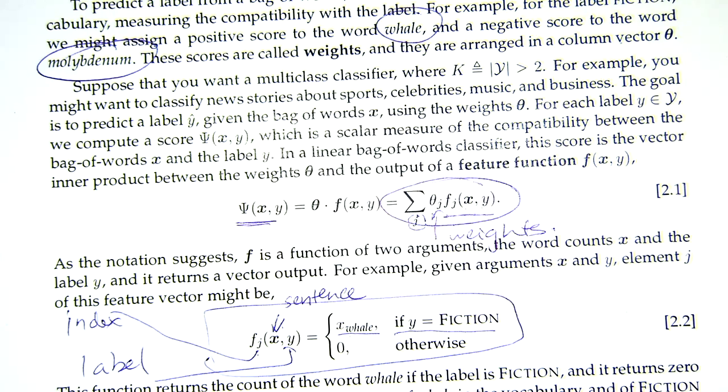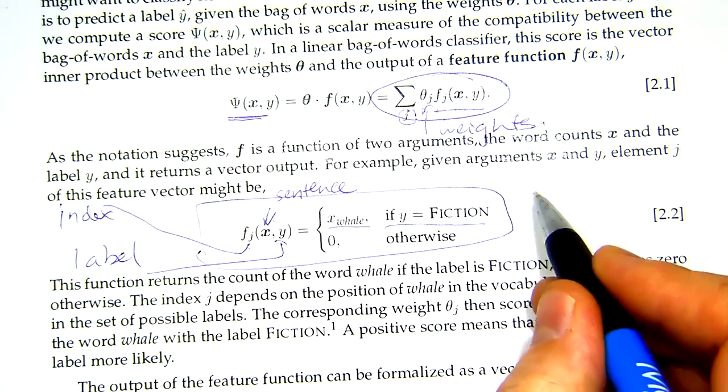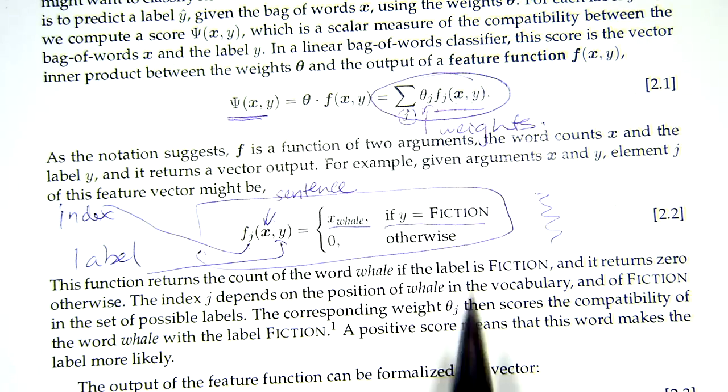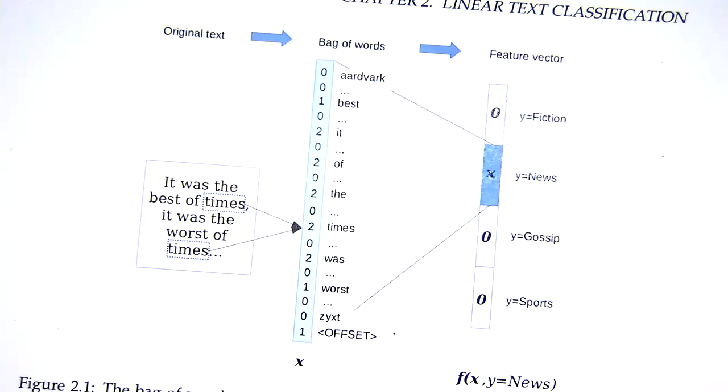And so when I say bag of words representation, what I mean is that each of the features look like this. They're basically just saying, does a word exist, or what is the count of the word, and what is the label? Let me show you here, when we have several different targets, something like this.